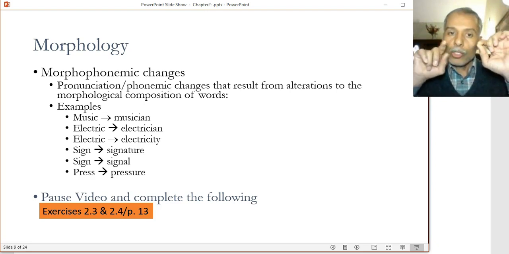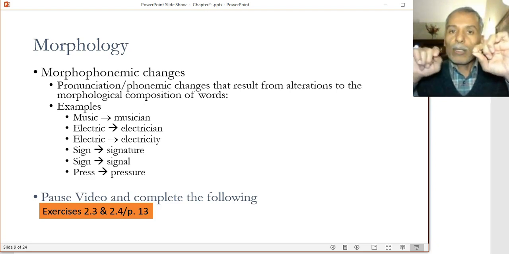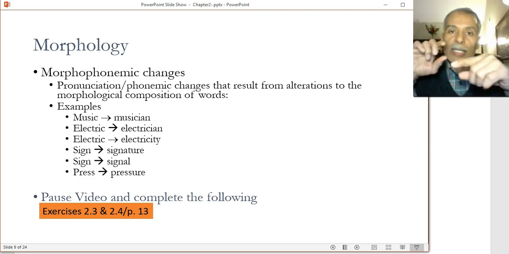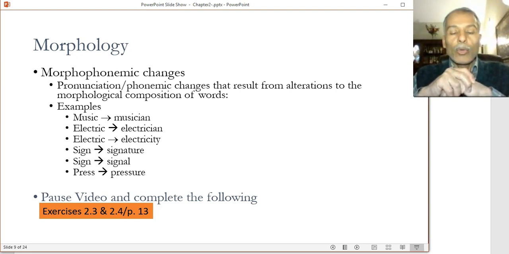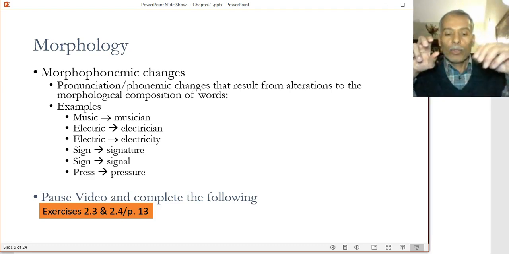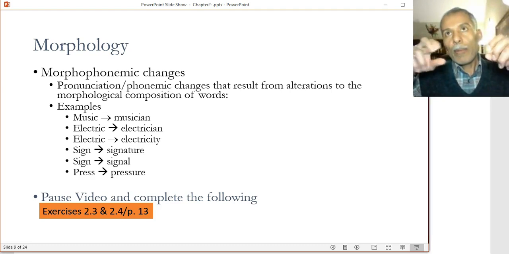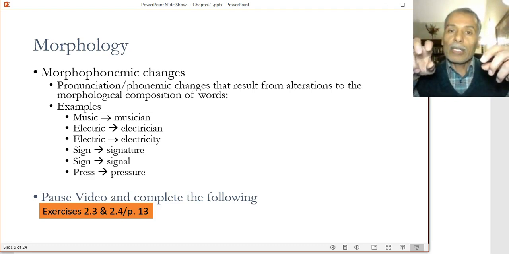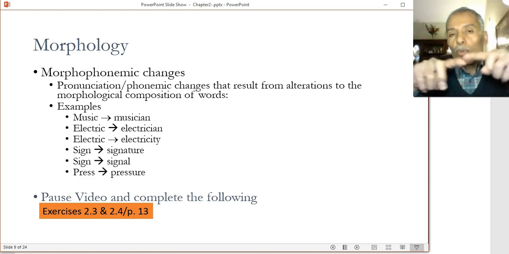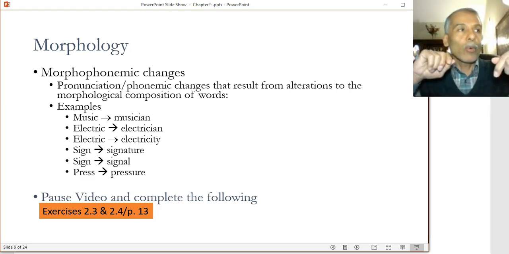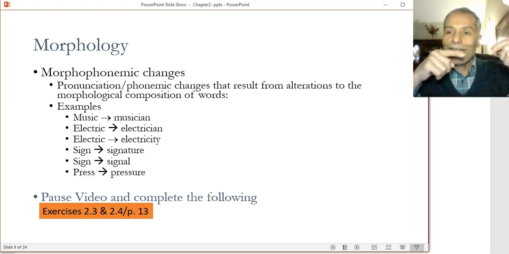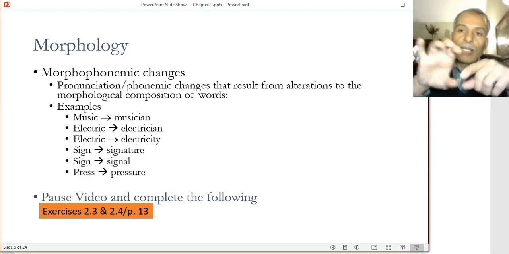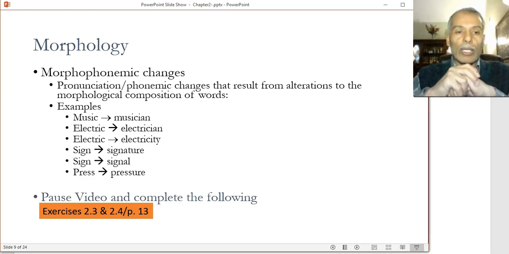And some sounds do not fit before particular sounds. You have to make a sequence where one sound can fit in a certain place. So when you combine a suffix with a word, you may have to do some modifications. Like if the word ends with an e, then you add ly, you may drop that e to attach the ly, for example.